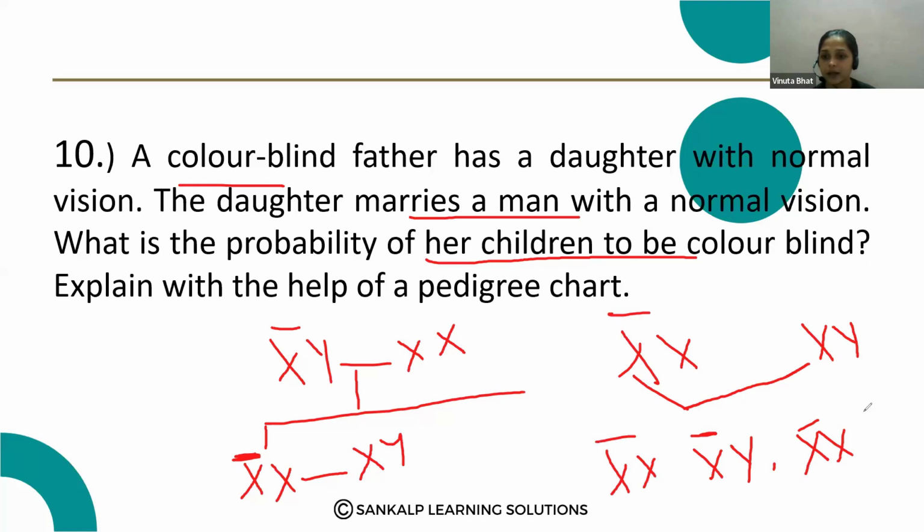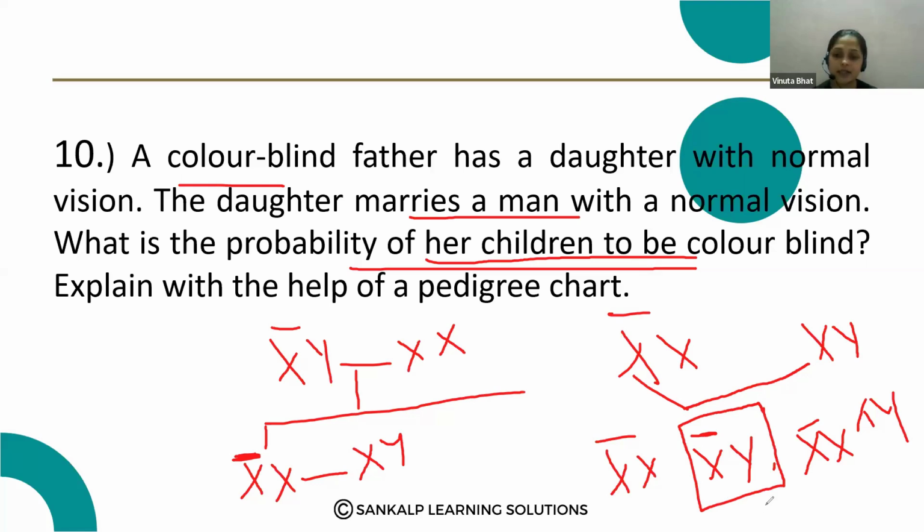XX and XY. Explain with the help of the pedigree chart. Here, what is the probability of her children being color blind? So there is a 25% probability that her children will be color blind, because the son may or may not have color blindness because of this carrier mother.